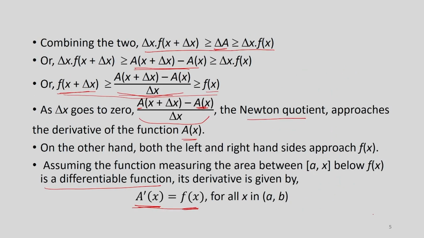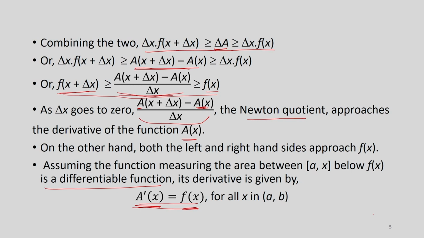And we have shown, and this is a very important result, that as long as x is between a and b and f(x) is a continuous function, then there is this area function which we are representing by A of x. The derivative of that area with respect to any x between a and b, that is A prime of x, will be equal to the value of the function, which is f(x).